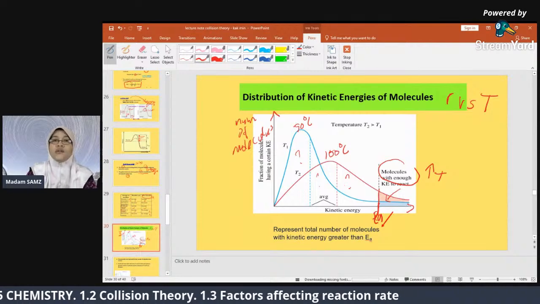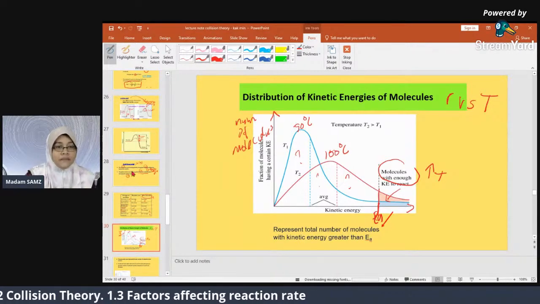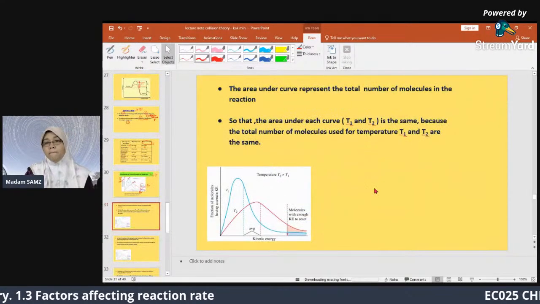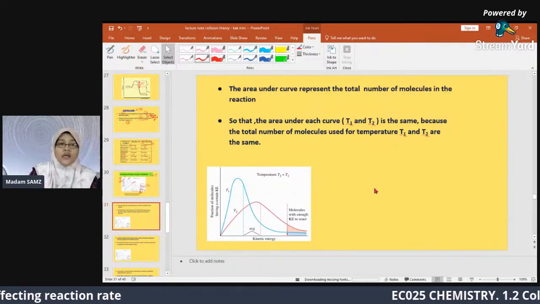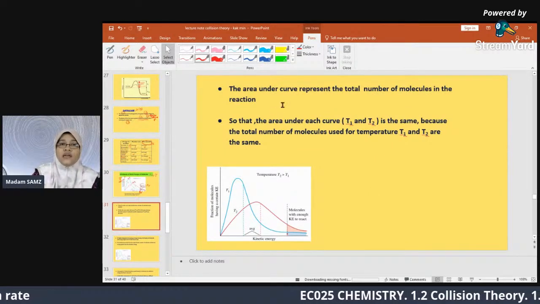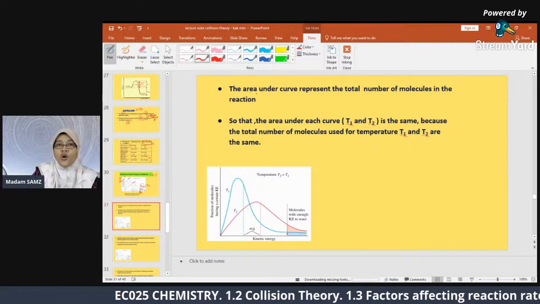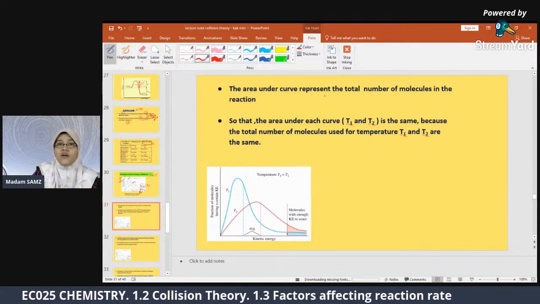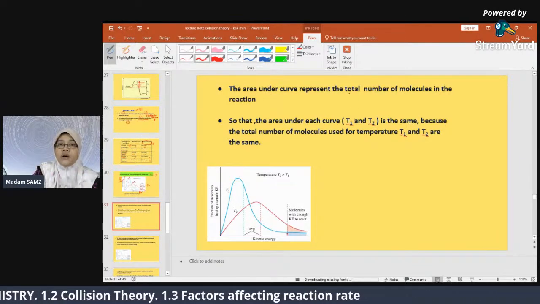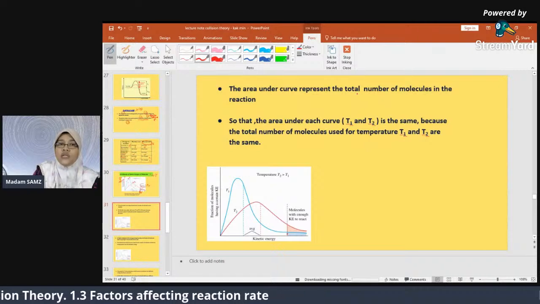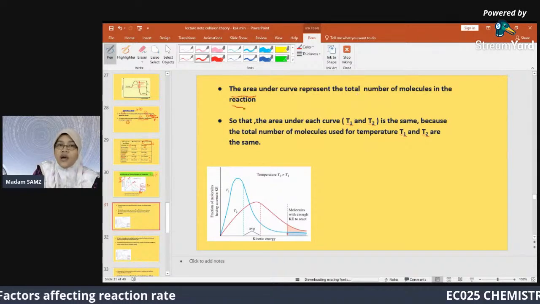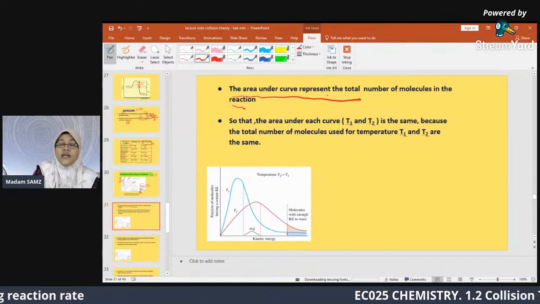Alright, so this is Maxwell-Boltzmann. How to explain? Okay, how to explain the area under curve. The area luas bawah graph, the area under curve represent the total number, bilangan molecule in the reactions. Okay, luas bawah graph adalah bilangan molekul.